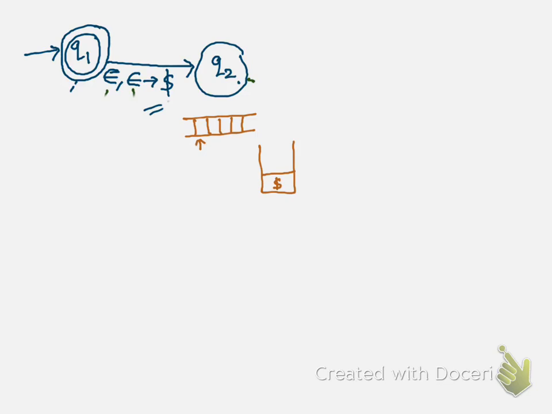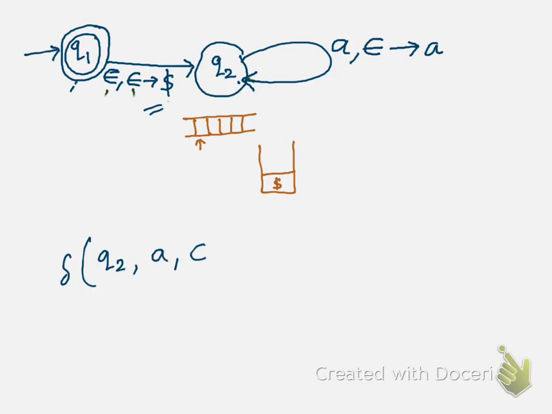So what I am going to do is, I see an A on my input tape. Without caring about what is there on the stack top, I am going to push an A. So the transition for this goes like Q2, A, stack top is epsilon, you are going to get back to Q2 and A. So what are you going to do?